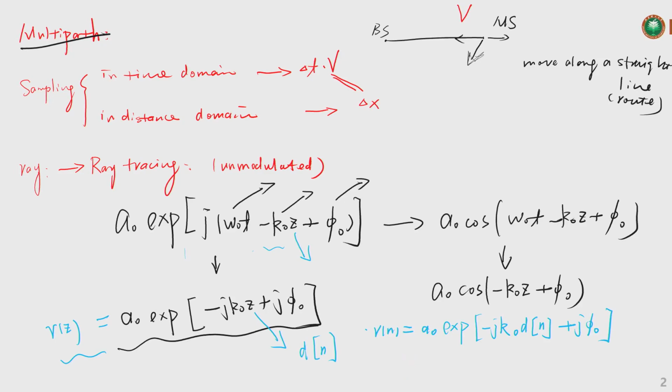It can be expressed as A_0 exponential of minus j k_0 (capital D minus n times delta x) plus j phi_0.